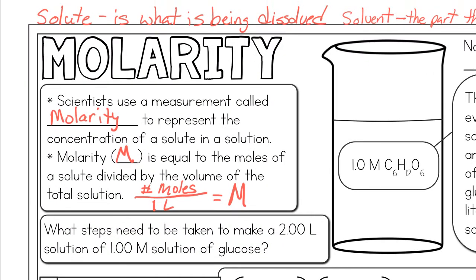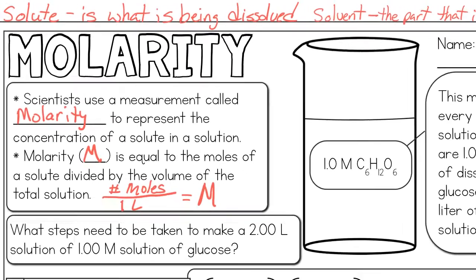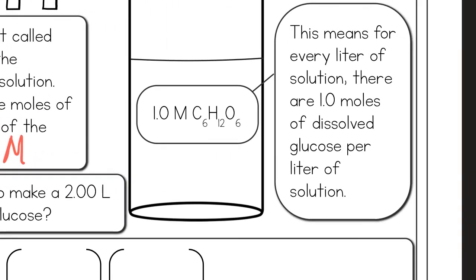The iced tea mix is the solute, and the water would be the solvent, and both of them together would be a solution. When we're talking about solutions, if we have a 1.0 molarity, this means that for every liter of solution, there's 1.0 moles of dissolved glucose. In this case, this would be 1.0 moles in 1 liter of solution.